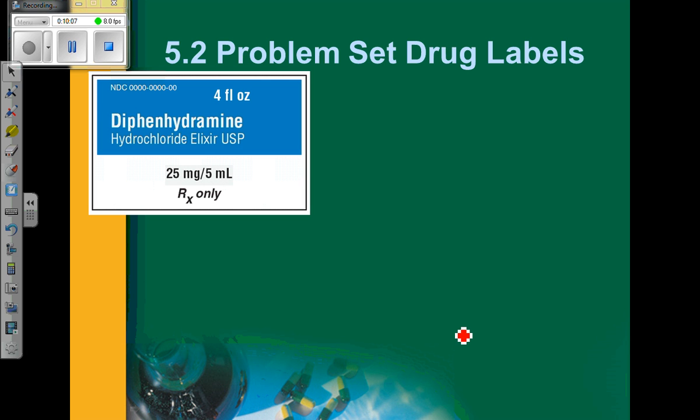So a mother has 2 children with poison ivy. Child 1 is going to take 1 teaspoon 3 times a day.